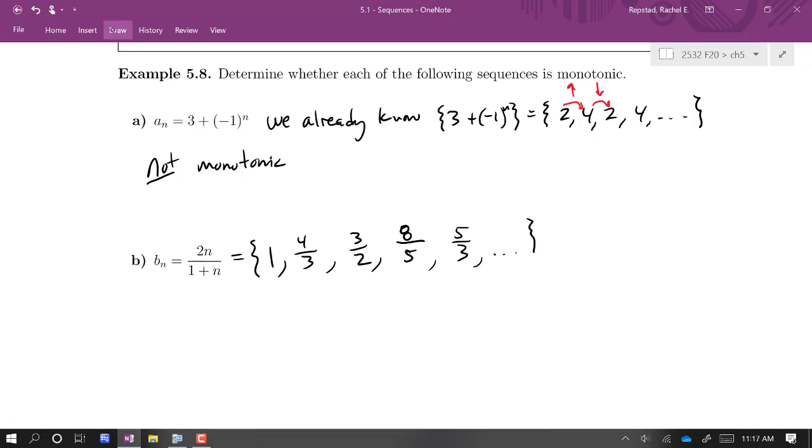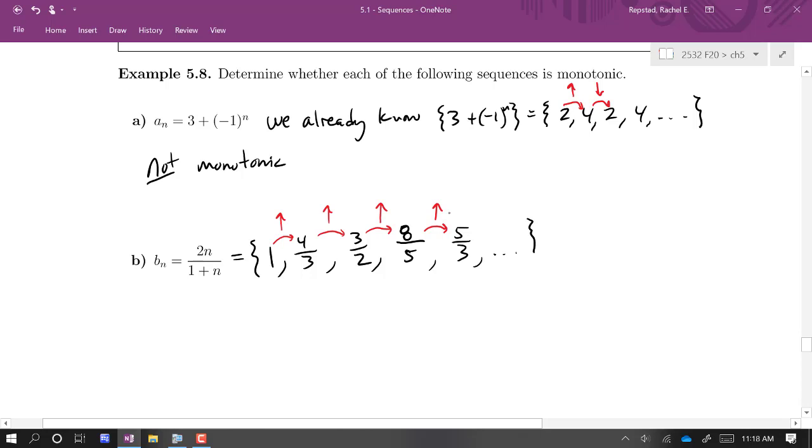All right, so from 1 to 4/3, that's definitely an increase. And from 4/3 to 3 halves, that's 1 1/3 compared to 1.5, that's an increase. From 1.5 to 1 3/5, that's an increase. From 1 3/5 to 1 2/3, that's also an increase.